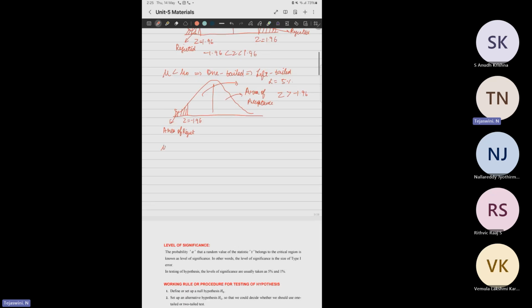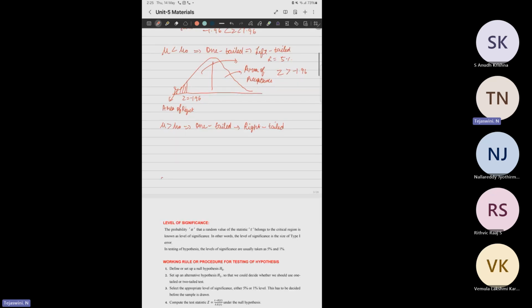Similarly, for mu greater than mu naught, that is one-tailed, right tail to be more specific, we'll draw the bell curve again, and then we'll calculate the value of z using the level of significance and the parameters.